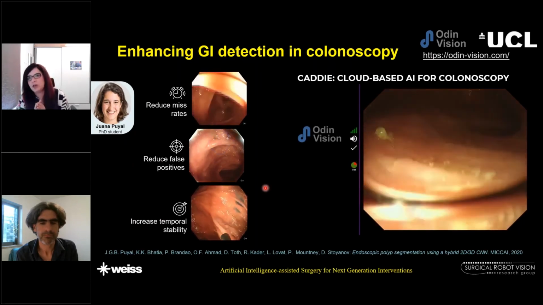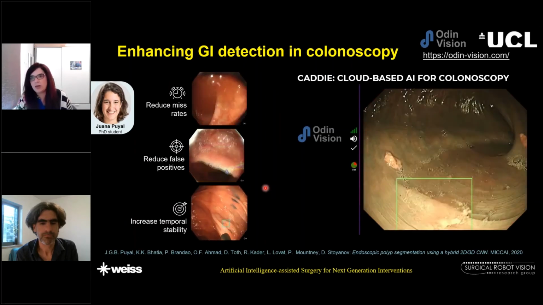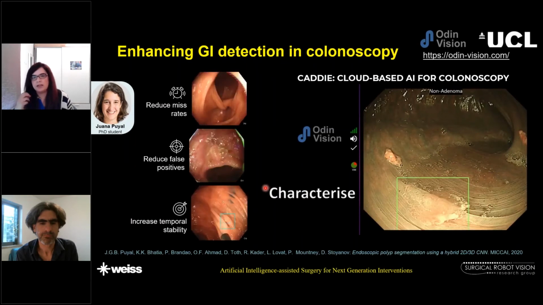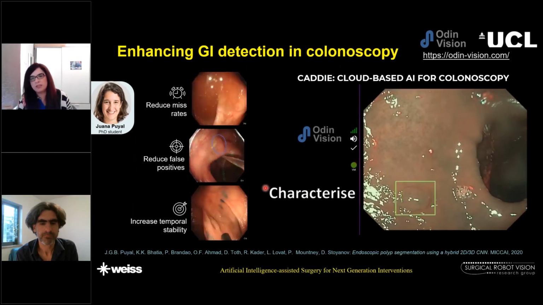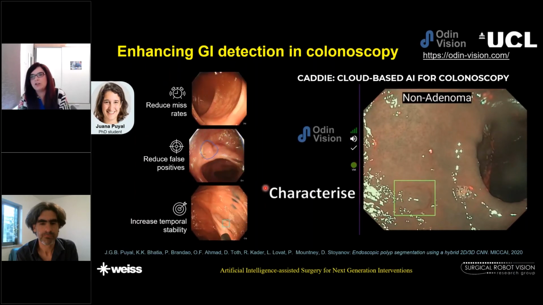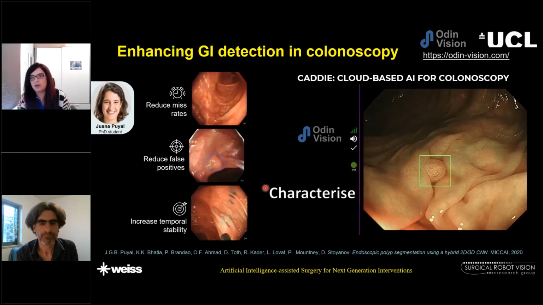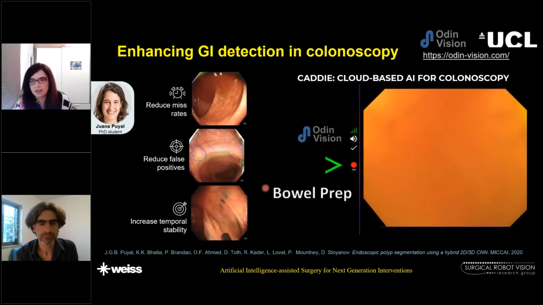Odeon Vision in particular now has two CE-mark products in the market, which aim at detecting and characterizing polyps in the surgical environment. And they also now have a product called Lecadu, for upper GI tract analysis in real time.